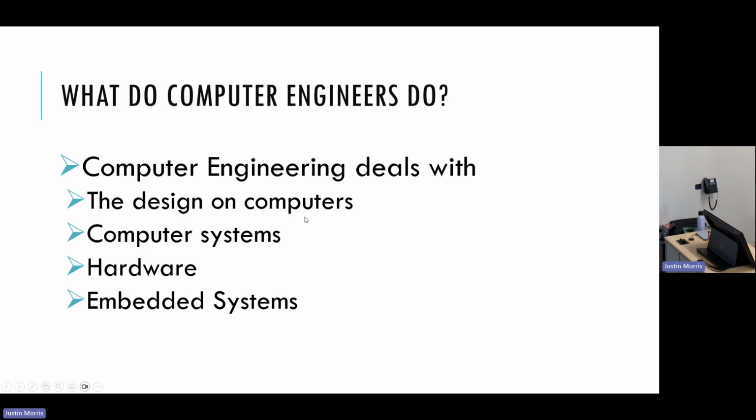That would be computer architecture, so CS 331, many of you have taken already. And then computer systems, so at the system level, and it also goes with embedded systems. That's also where computer engineers would be primarily focused.